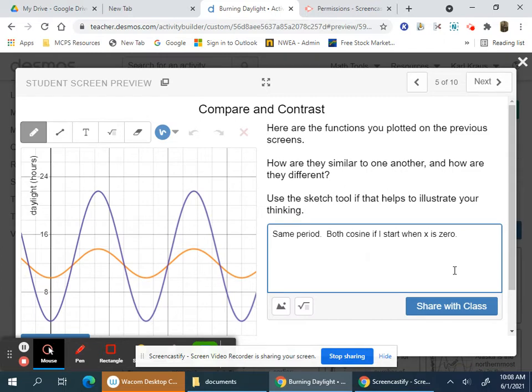Are they different? Different amplitude.